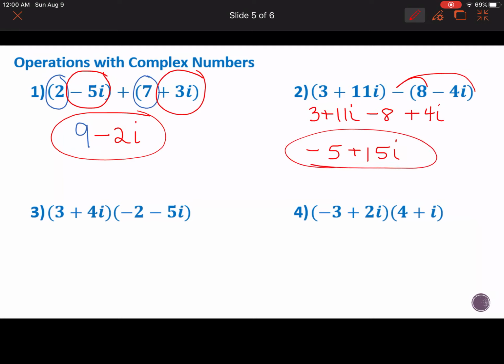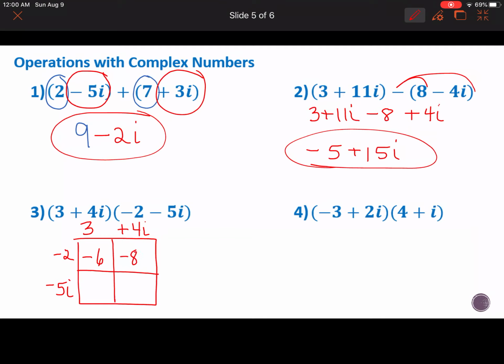For number 3, we're going to make our box, and we're going to just fill in our squares. This last square, we're going to have negative 20i squared.